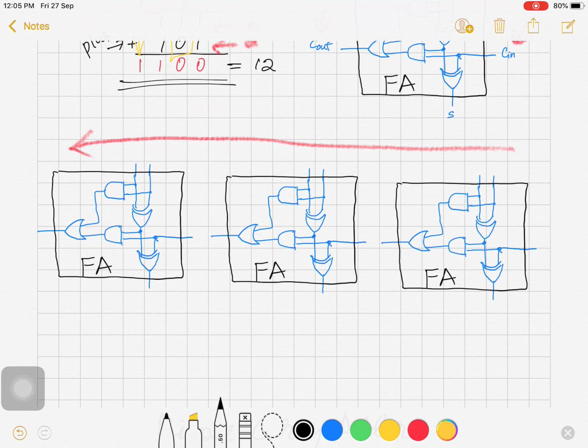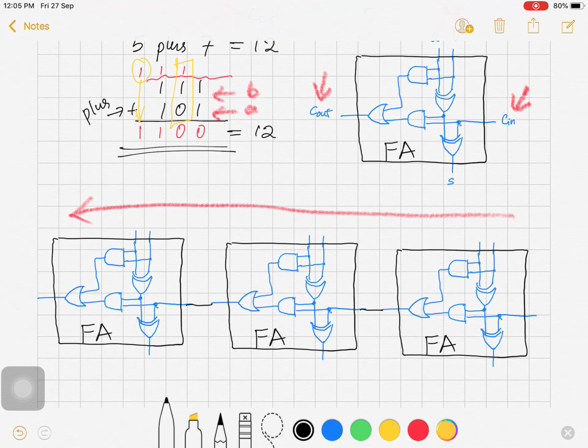That is, the carry out from one column is transferred to the next column, and similarly here. Now let's assign, so this is our A2, A1, A0, B2, B1, B0.